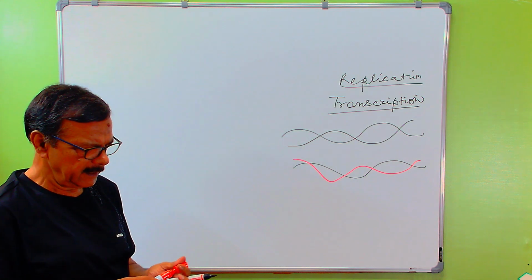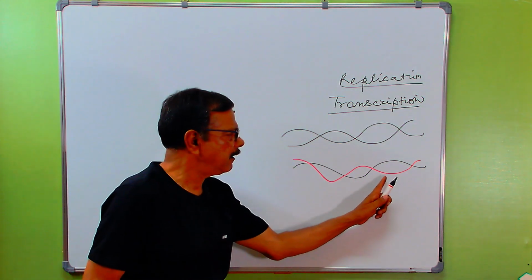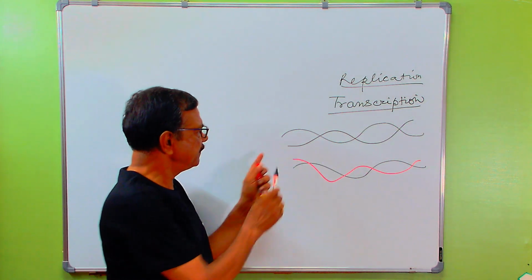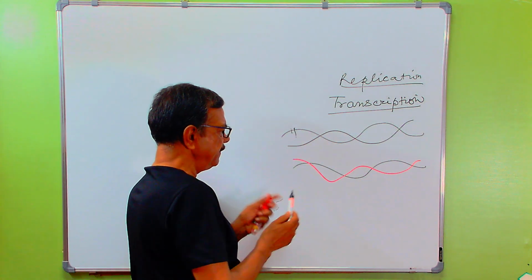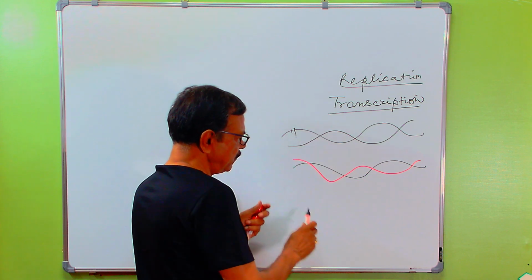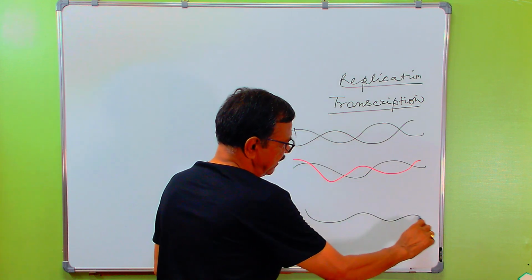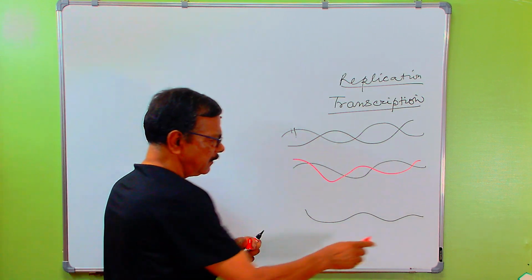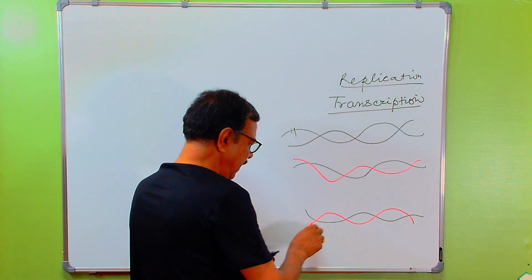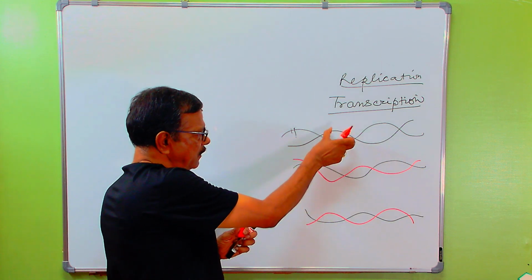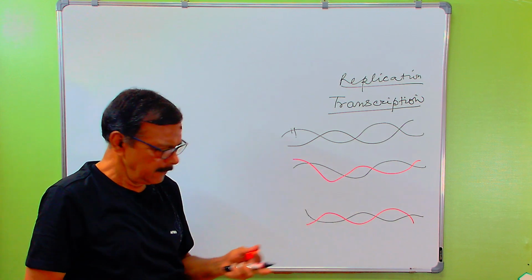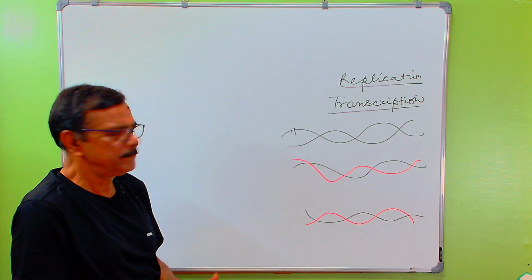This is the daughter strand or new strand. From the other one, this one we have completed. Now from this one, a new strand will come again. So from this single DNA we have completed two DNAs.